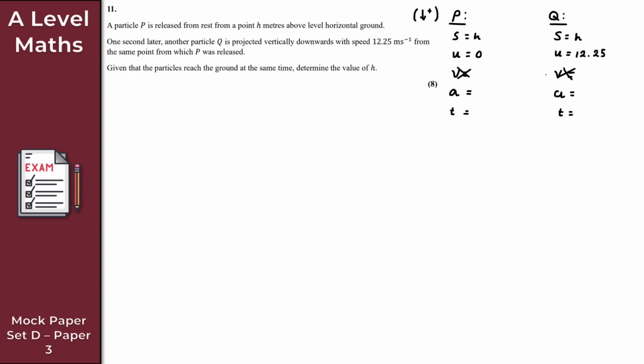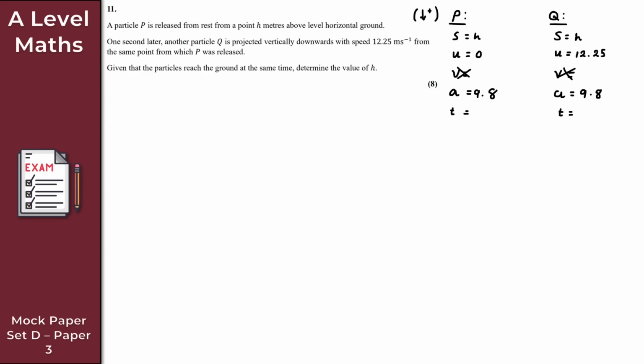Now for a, as we've already said, we're taking downwards as positive, so it's going to accelerate downwards. So a is going to be positive g, or 9.8. The same is also true for particle Q, because we're not told otherwise. Then for t, just be careful with this.